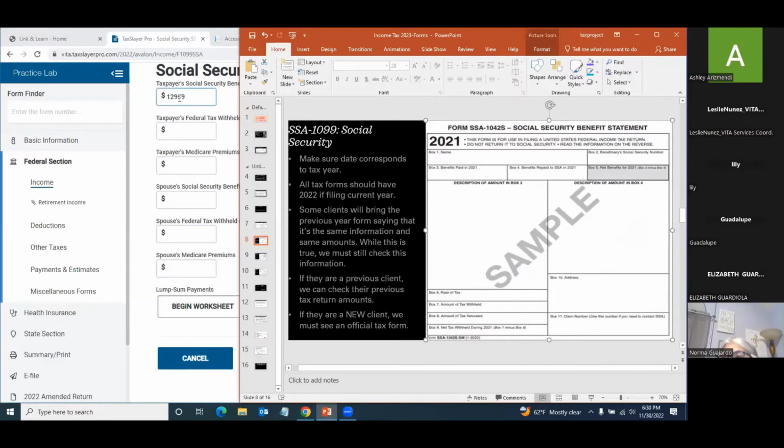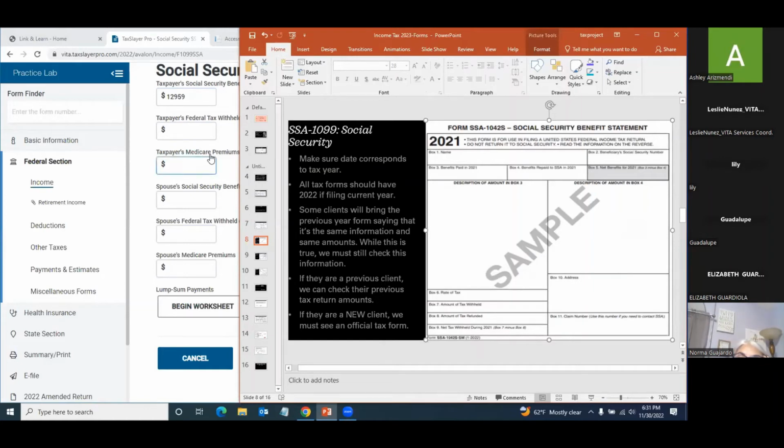That's what we're putting right here at the top where it says taxpayer's Social Security benefits. Right here, if they had federal tax withheld, it would be on the bottom, because this form is not outdated. Usually it would be right here and it would say federal tax withheld, and we would put that amount.